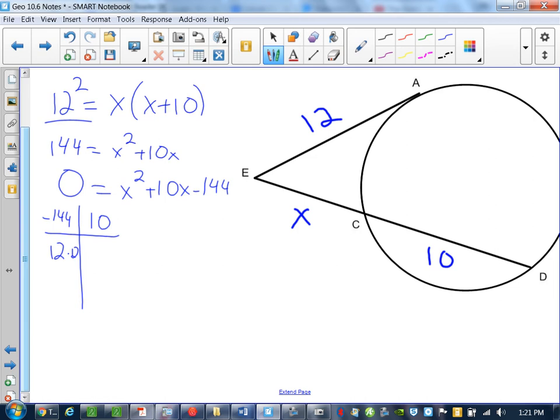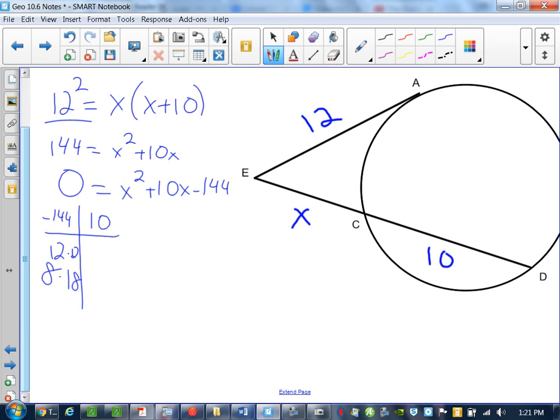What I would do is pick even numbers around 12. I'm not going to pick 10 because 10 times anything would end in a 0, but I'll pick 8. Use your calculator. 144 divided by 8 is 18.